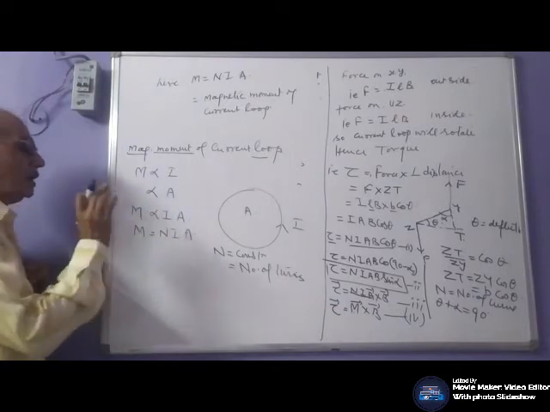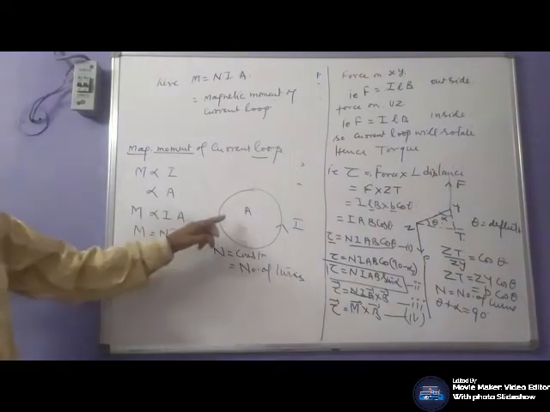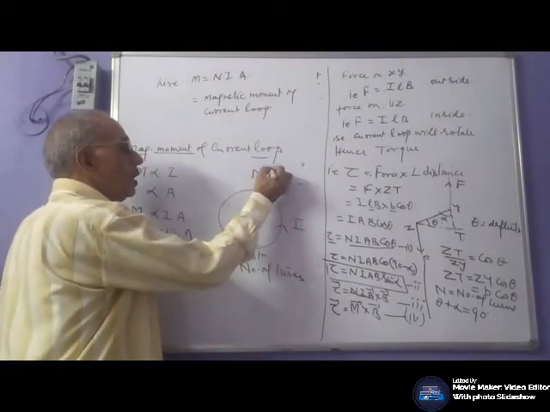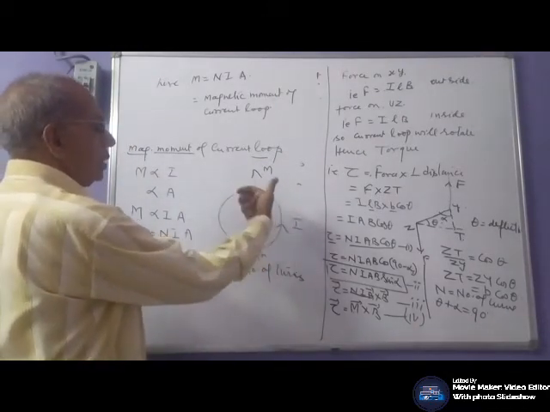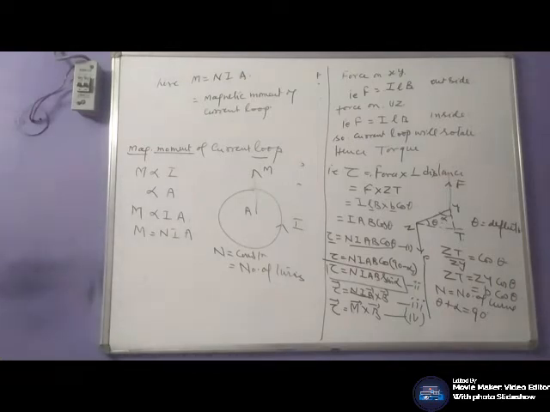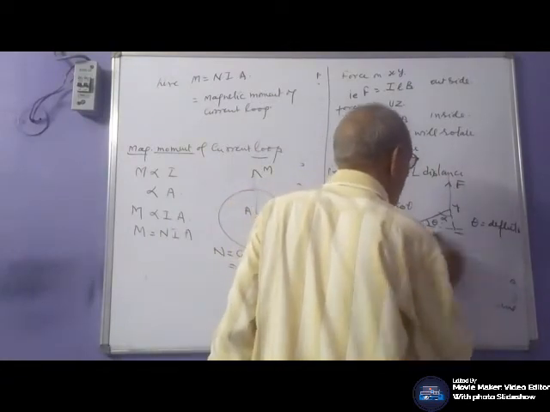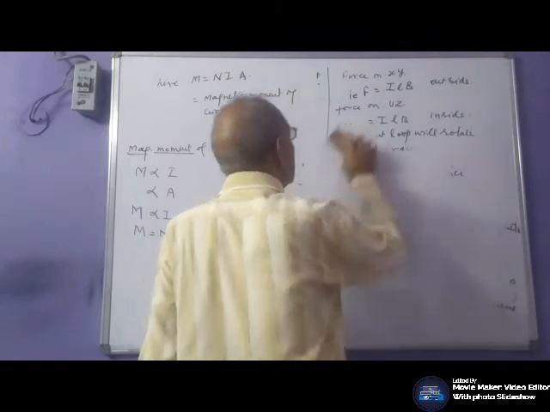For one turn, N is 1; for two turns, N is 2. Though it is constant, it depends on the number of turns. This will be the direction outside here. Using the right hand thumb rule we found the direction of B. So this is the torque on a current loop placed in a uniform magnetic field.